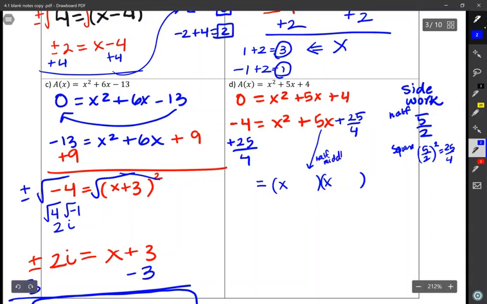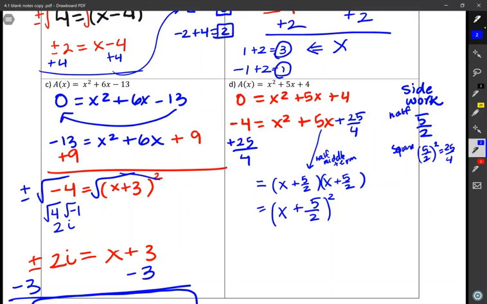And that's why I like leaving it as a fraction. So that's going to give you x plus 5 over 2, and you would write it as a perfect square, x plus 5 over 2 squared.